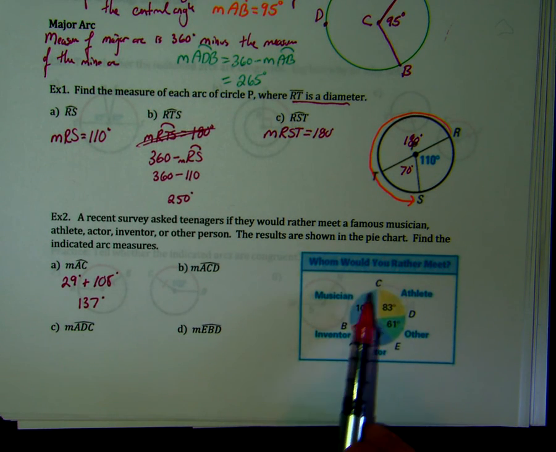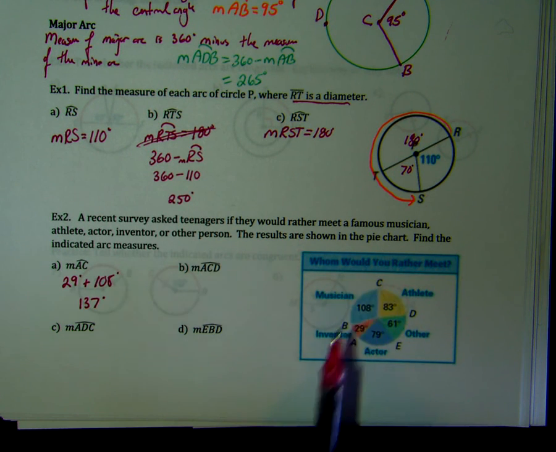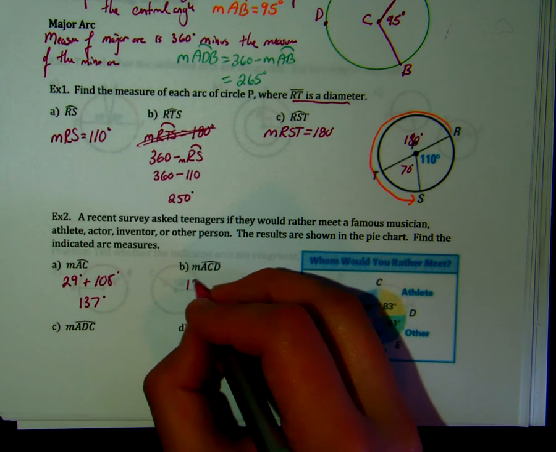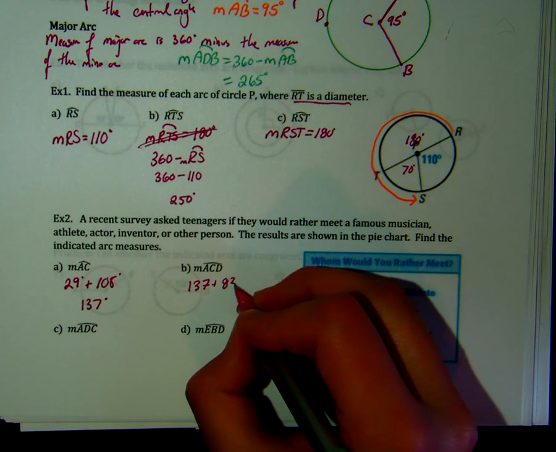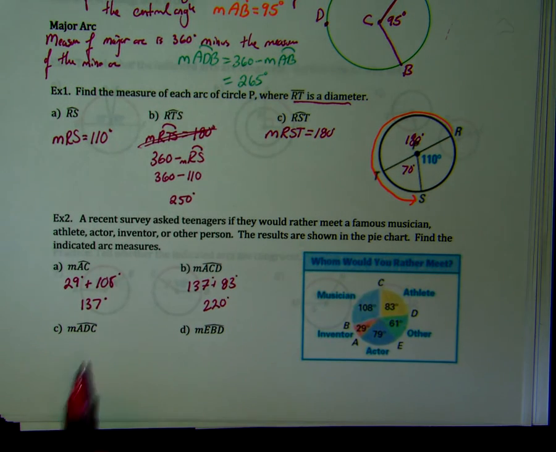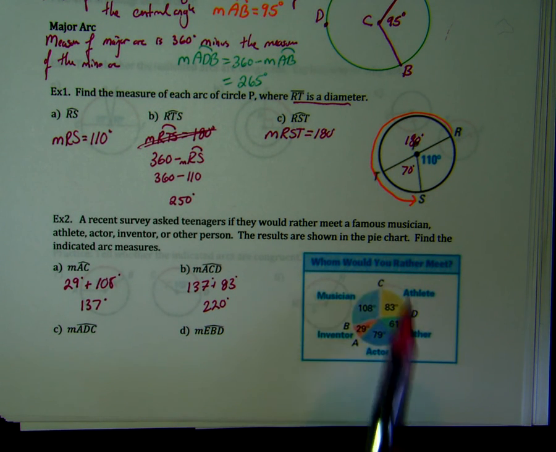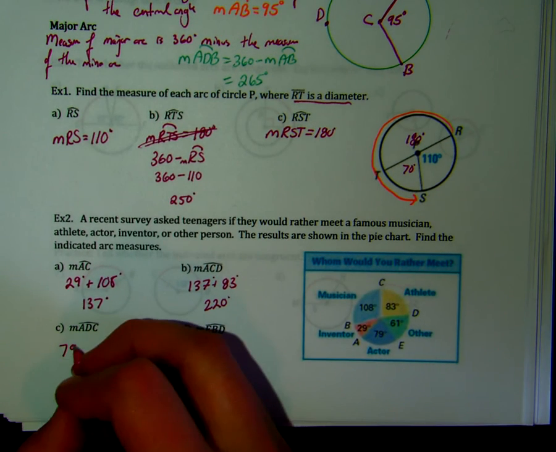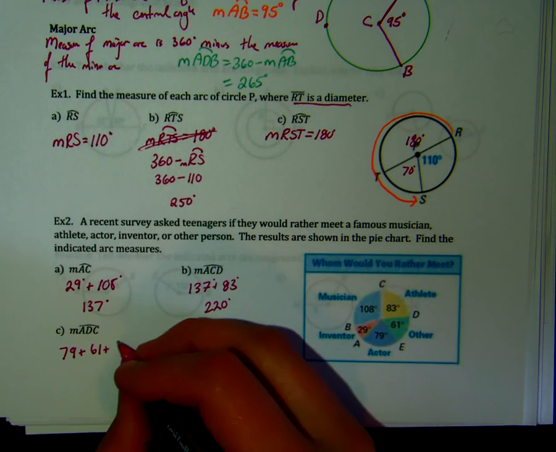ACD, A to C to D, is the sum of these three arcs. AC we already have. It's 137. And then C to D is 83. And these things will add up to 220 degrees. Measure of arc ADC, A to D to C, is made up of the 79 degree arc plus the 61 degree arc plus the 83 degree arc.